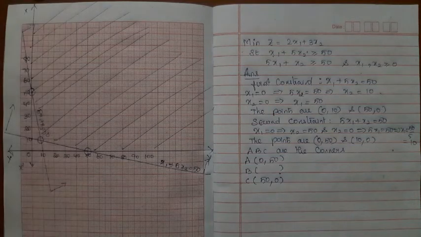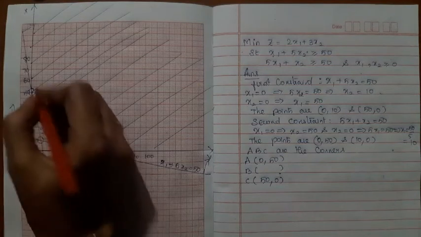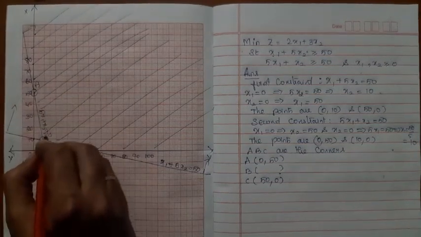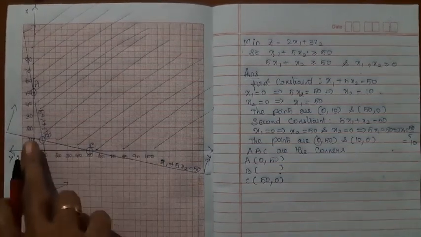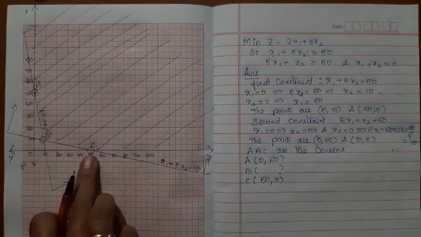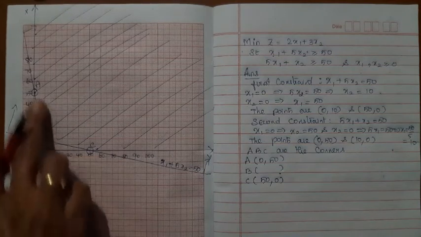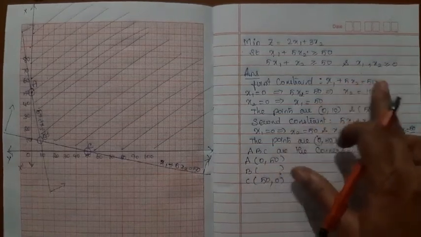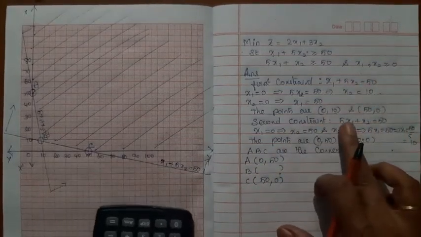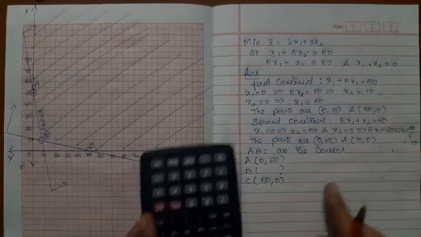Now let us solve for B. I have named this as A, this is B, and this is C. A is 0 comma 50, C is 50 comma 0, and B lies on this line and this line. So the lines are x1 plus 5x2 equal to 50 and 5x1 plus x2 equal to 50.